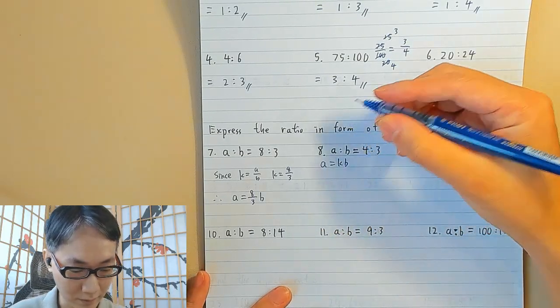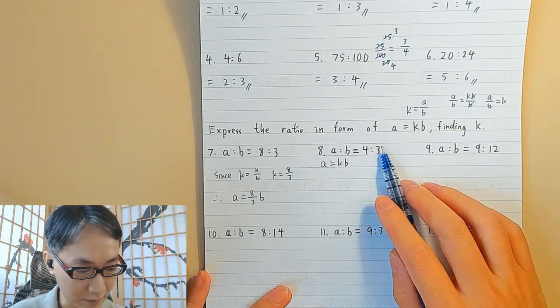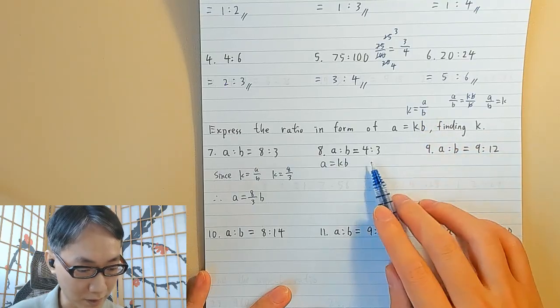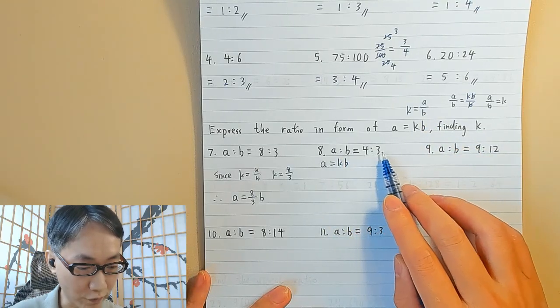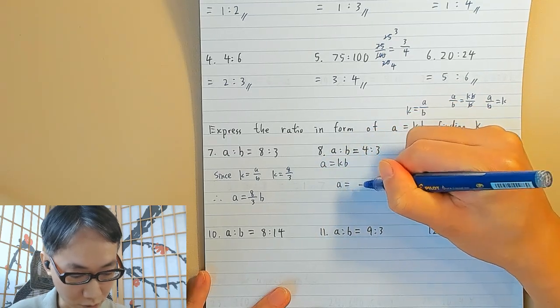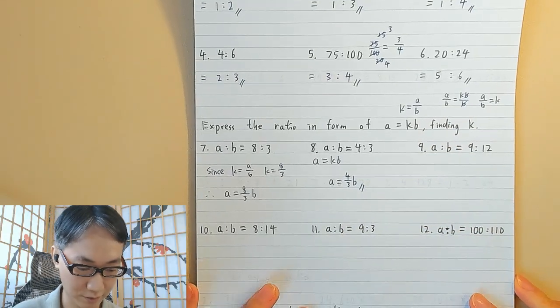Similarly, K is equals to A over B is still true, and then A over B is 4 over 3. So A is equals to 4 over 3 B in question 8.